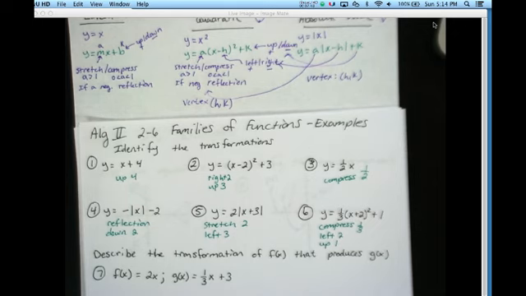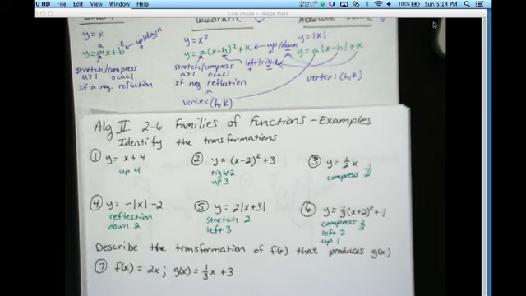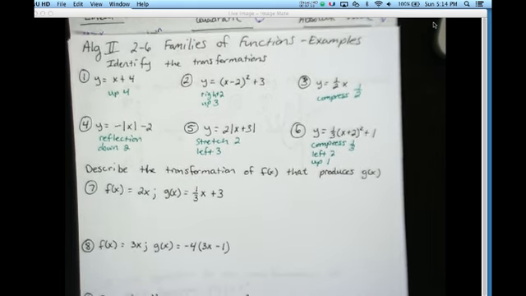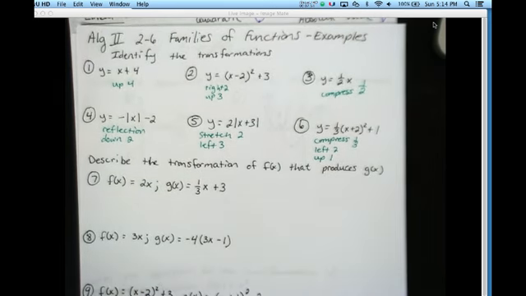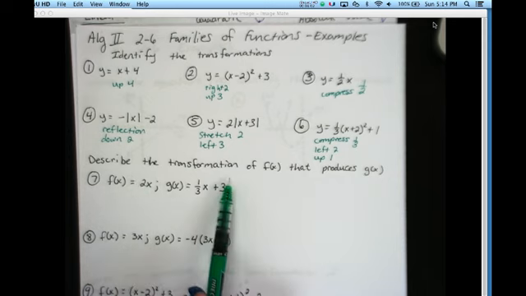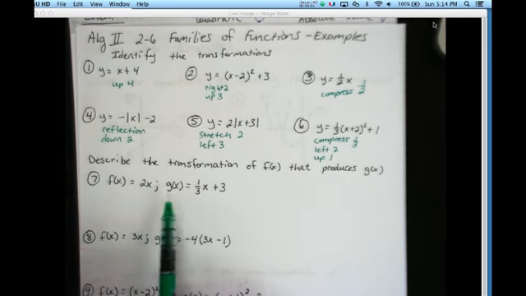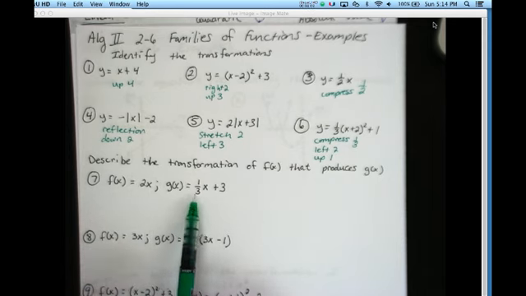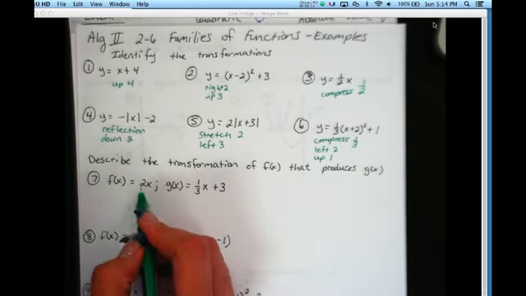Now the other thing that we have to be able to do is describe a transformation from a function to a function. So when we look at this next set of examples, we have to say how we went from this equation to this equation. So when we look at this, our 2 became a 1/3. So we have to think about how that happened. So to get a 1/3, I would have to divide this by 6.